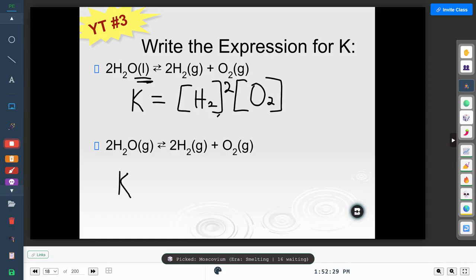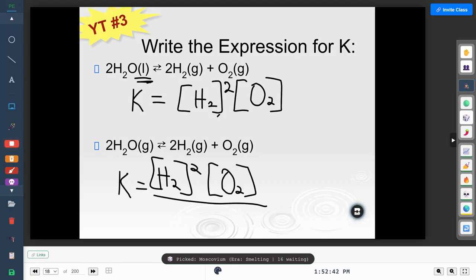Our K for this one is going to basically be the same thing, but we are going to be able to divide it by our H2O this time because our H2O in this case is actually a gas.